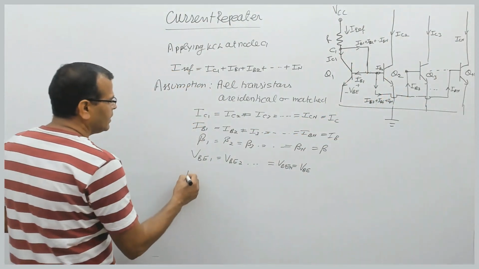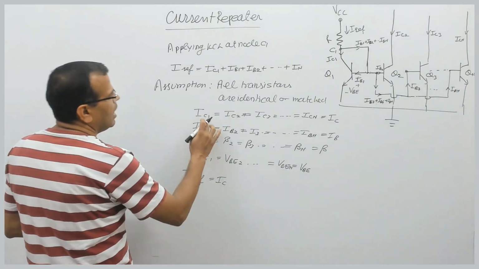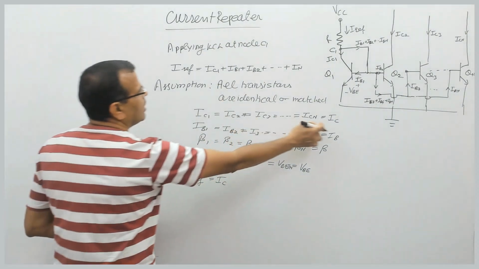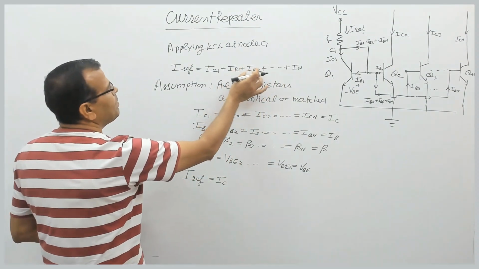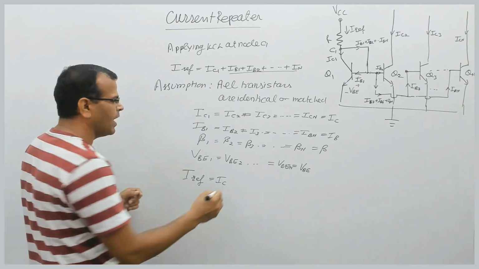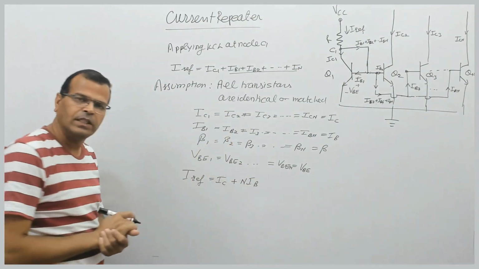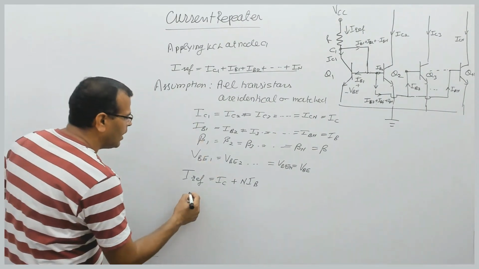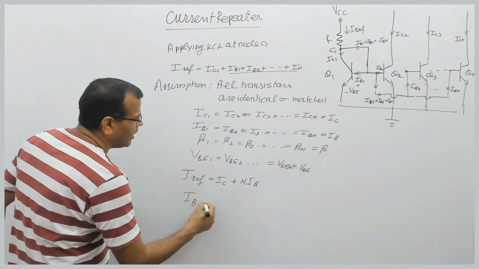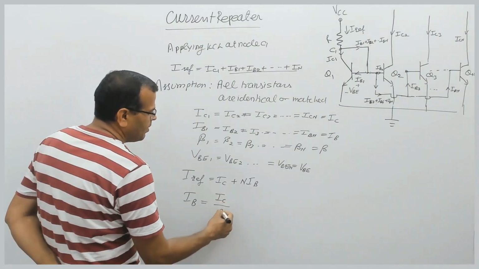Now in that case, IREF will be equal to IC, because IC1 is equal to IC, all currents are equal. Then IB plus, if you add IB, how many times? N number of times. So this will be equal to N into IB. That's it. But we know the relationship between base current and collector current: the base current is equal to IC upon beta.